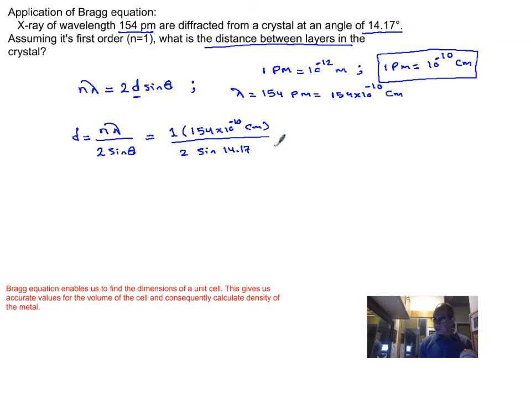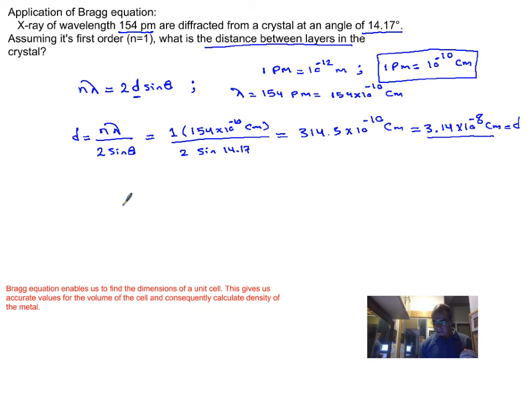Now plug it in your calculator. What I calculated was 314.5 times 10 to minus 10 centimeters. If this is 3 significant figures, I'm going to write this as 3.14 times 10 to minus 8 centimeters, and that's the side of each cube. This is my d that I was interested in.